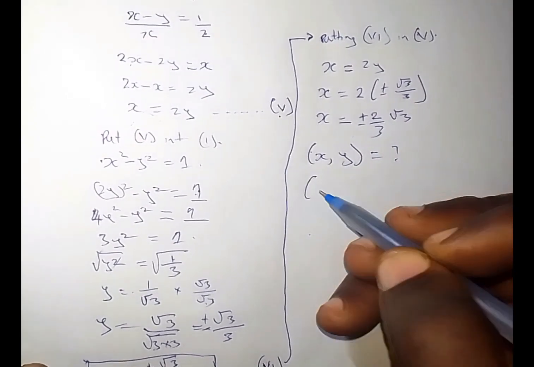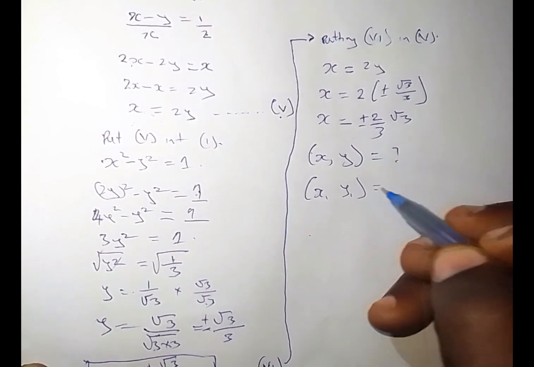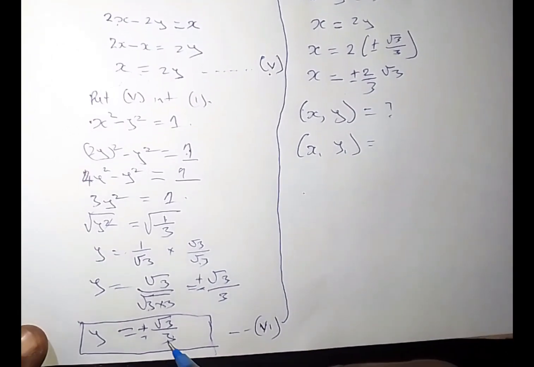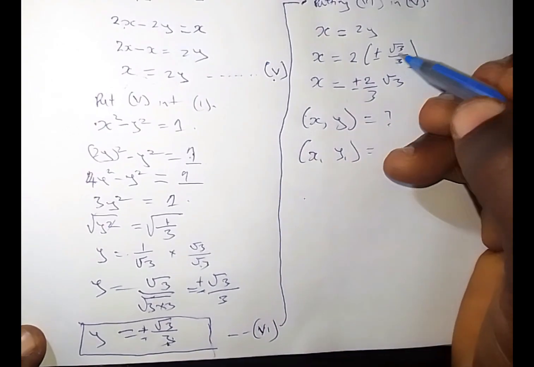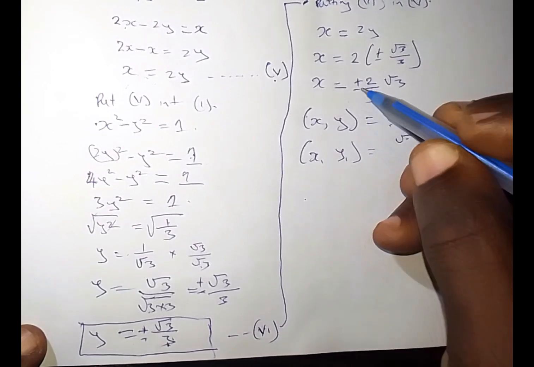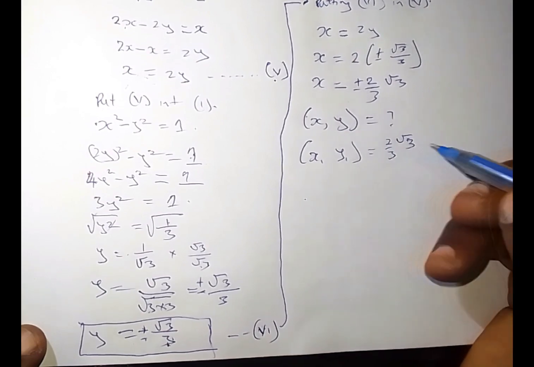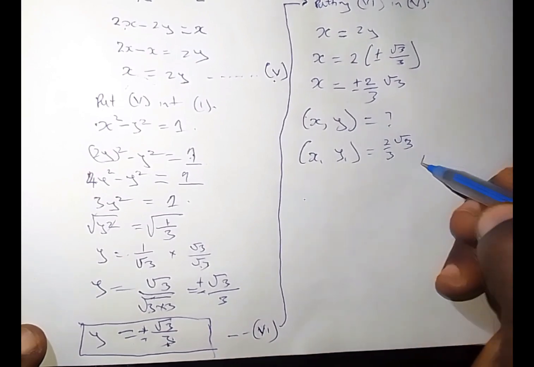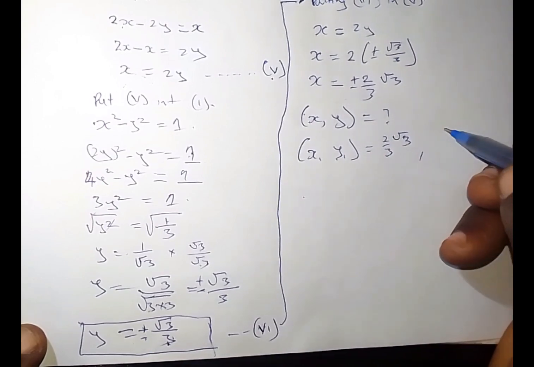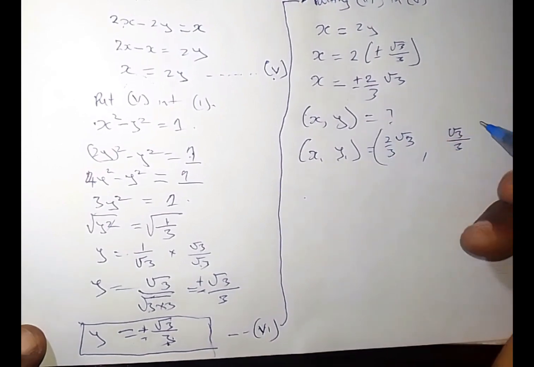So let me say x1 and y1. The first value, let me take the positive aspect of it first, so that my x is plus 2 all over 3 square root of 3, right? For y, I'm going to have the positive side as well. That's going to be square root of 3 all over 3. So this is one of the pairs.